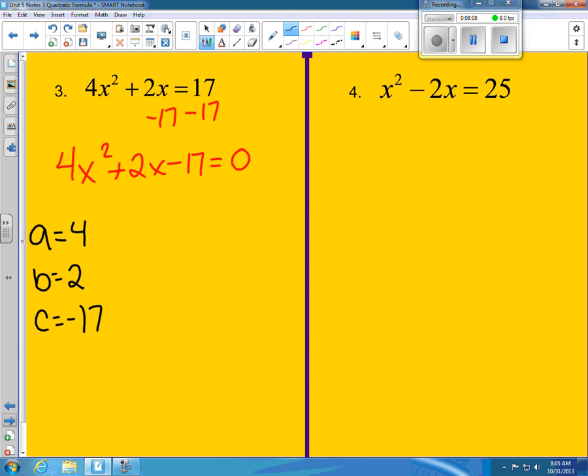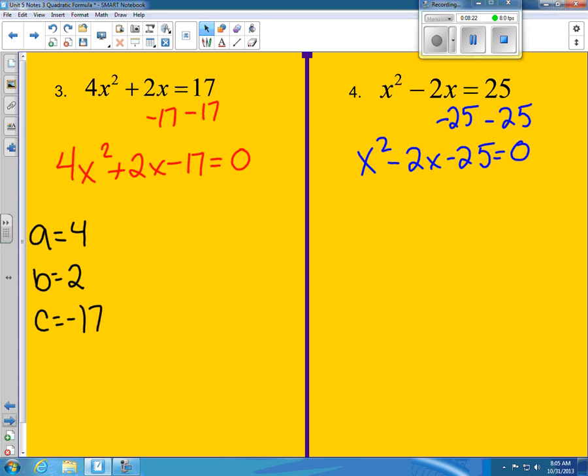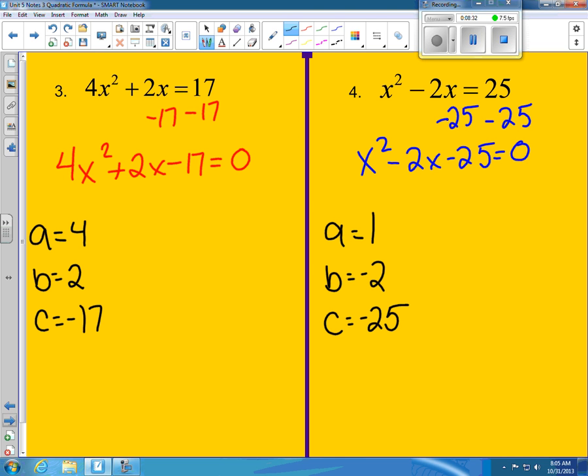If we look at problem 4, we need to move over the 25, so we're going to do that by subtracting 25 from both sides. We get x squared minus 2x minus 25 equals 0. So let's again identify our a, b, and c. A equals 1, b equals negative 2, and c equals negative 25.